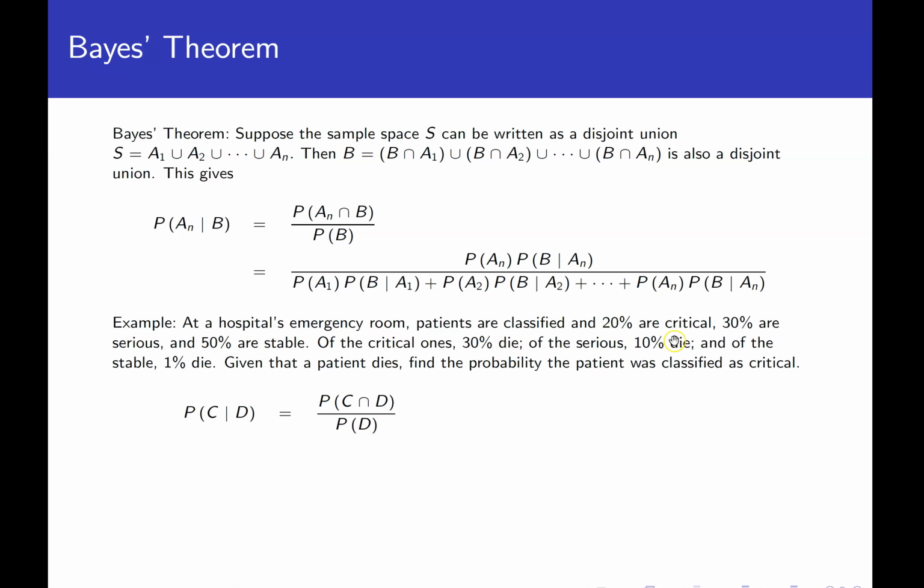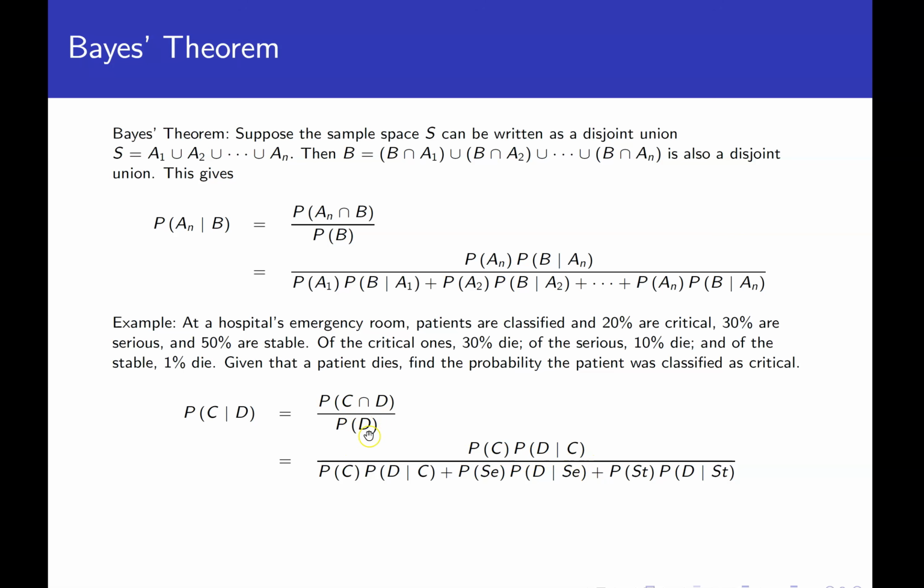Given serious, what's the probability they die? I'm given the conditional in the reverse order, so we use Bayes' theorem to flip the order. So here's the conditional probability of C given D. Now flip things around. Make C the given information.